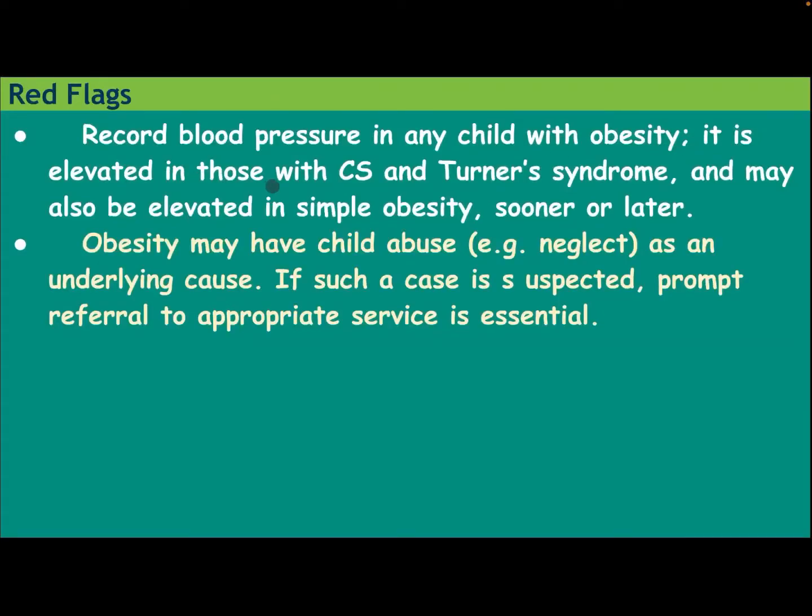It is elevated in those with constitutional obesity, Cushing syndrome and Turner syndrome, and may also be elevated in simple obesity sooner or later. Obesity may have child abuse, like neglect, as an underlying cause. If such a case is suspected, referral to the appropriate service is essential.